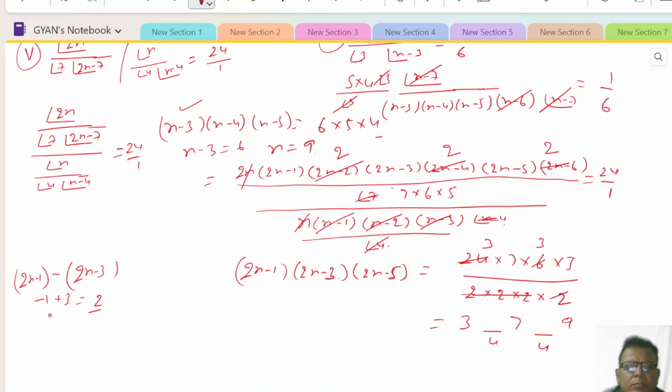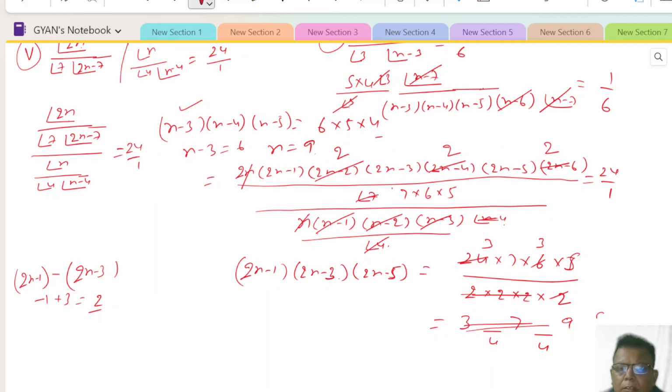Here the difference is 4. So here 3 3s are 9, 7, 5.